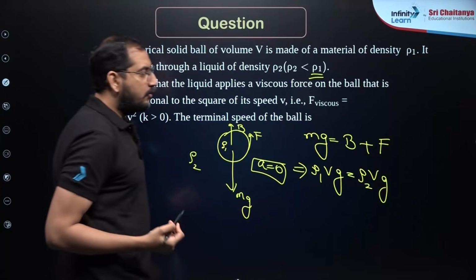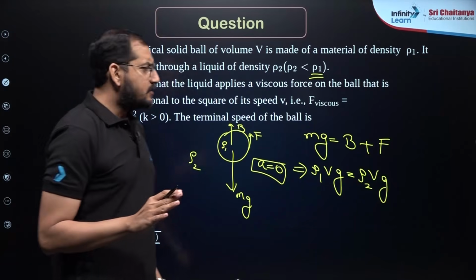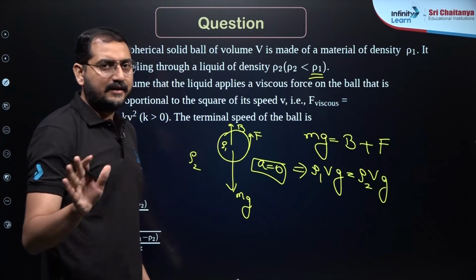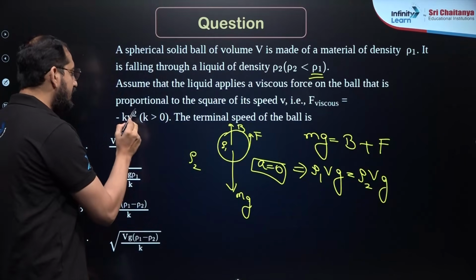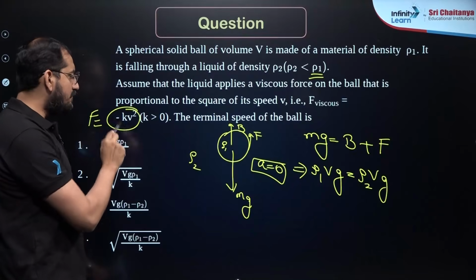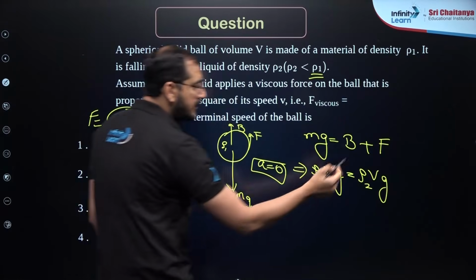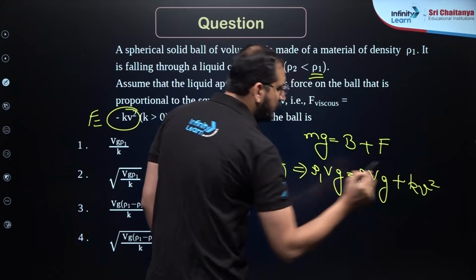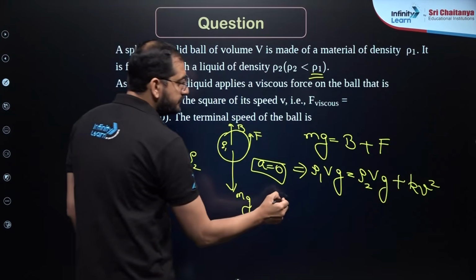And what about the force F, right? It's not Stokes' law. We cannot put F as 6 pi r eta V. For that, the question has given F is equal to minus kV square. The minus sign indicates direction. Direction we have already taken into consideration. Let's directly put kV square. Alright.